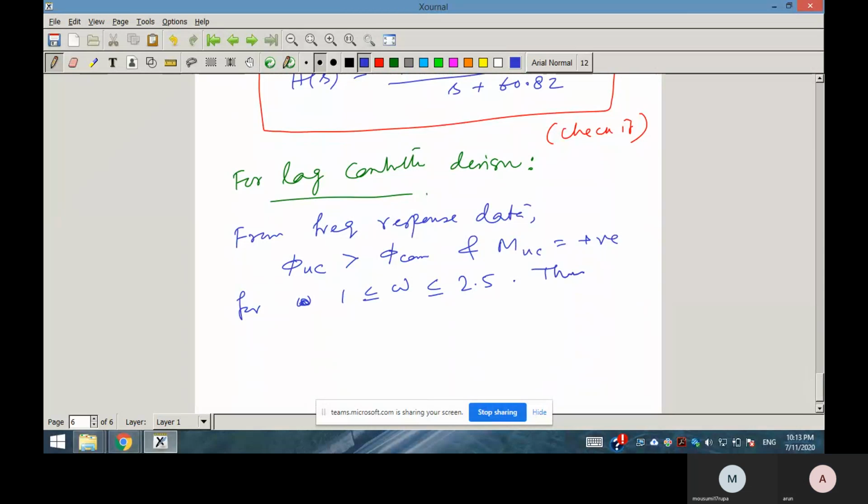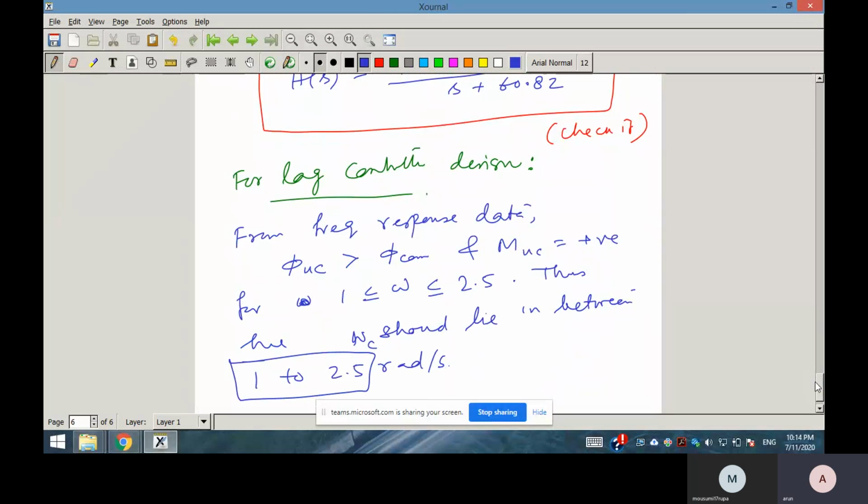Thus omega should lie in between 1 to 2.5 radian per second.